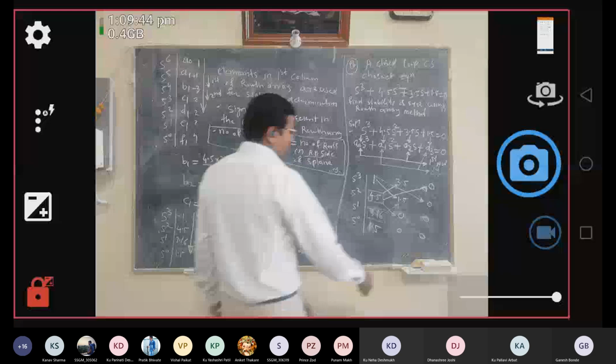So the problem statement is: find the stability using the Routh array method.